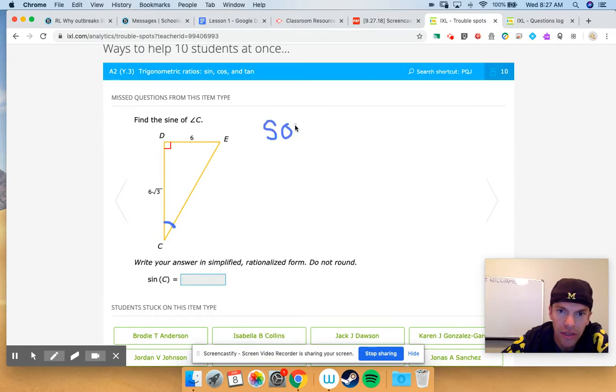So in SOHCAHTOA, the sine of angle C is going to be equal to the opposite over hypotenuse. Okay, so we can see right now that we have the opposite side, but we are missing the hypotenuse.